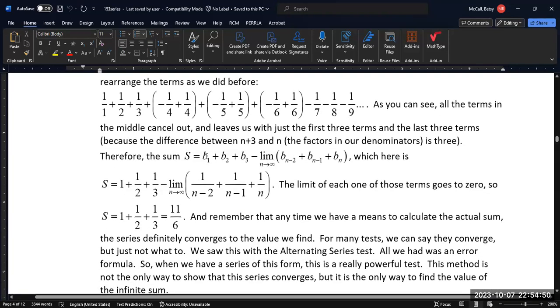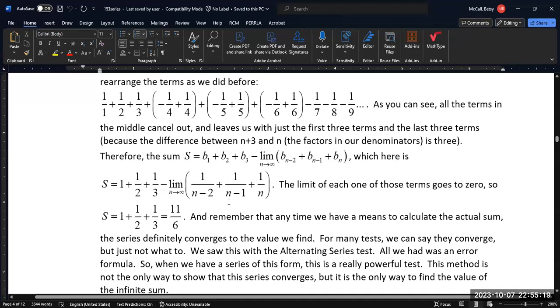So if I call my first component B1, that's 1 over n plus 1 essentially, and then 1 over n plus 2. So all those things that don't cancel are the first three terms: 1 over 1, 1 over 2, and 1 over 3. And then I'm subtracting, because these are all negative terms out here, the last term, the term right before that, and the term right before that.